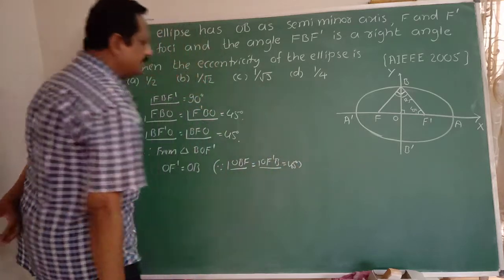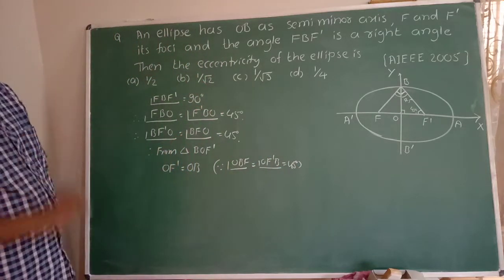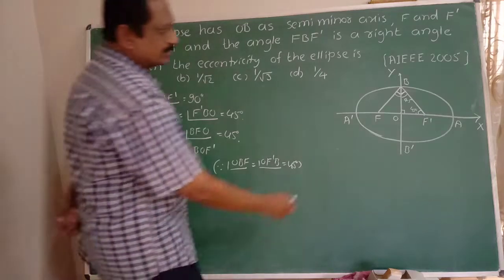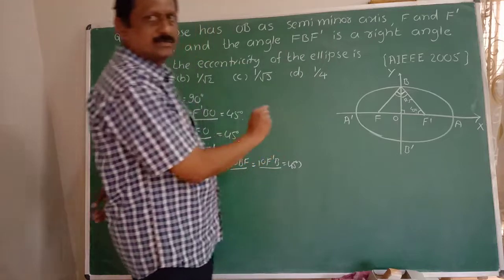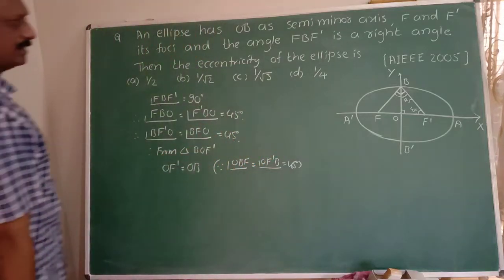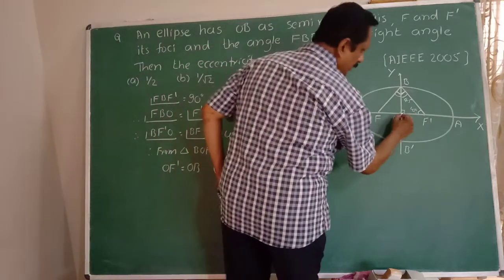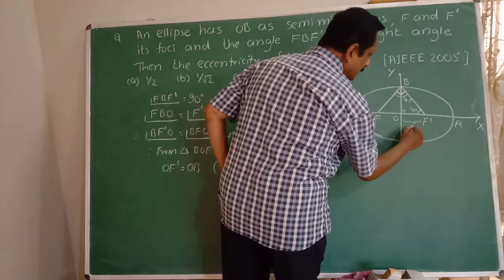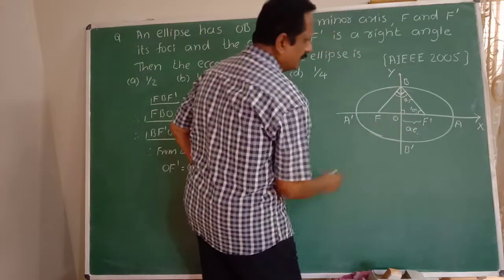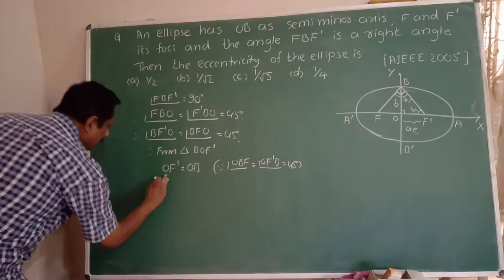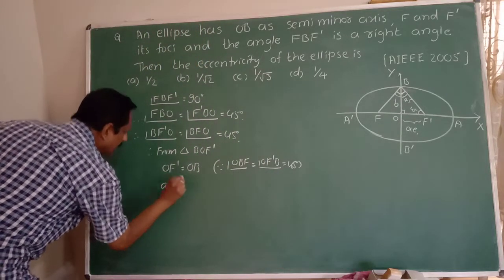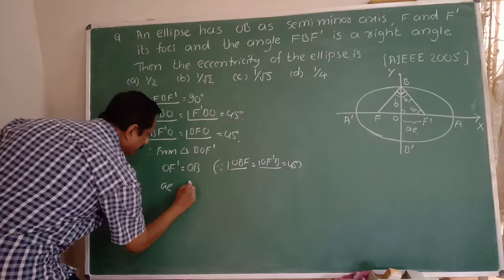Here it is an isosceles triangle because these two angles are equal, so these two sides are equal. You know that OF dash is ae, and OB is b units.